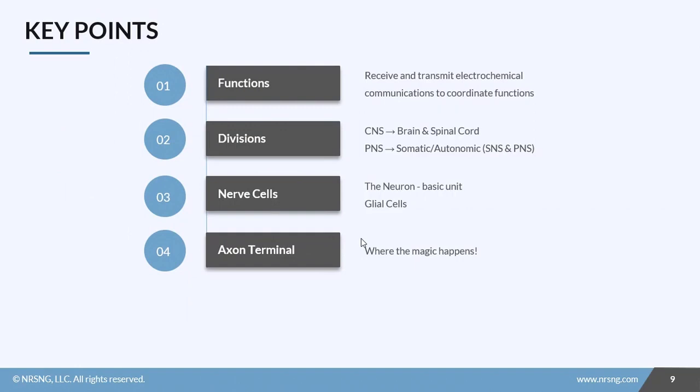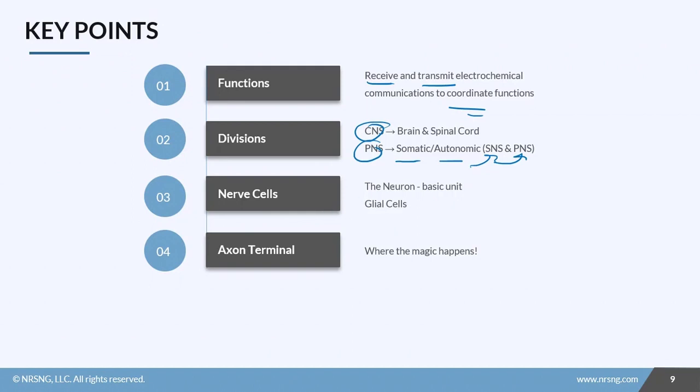So let's recap what we've learned about the nervous system. Its main function is to receive and transmit electrochemical communication signals throughout the body in order to coordinate and integrate body functions. It's divided into the central and peripheral nervous systems, which is further divided into the somatic and autonomic nervous system, which is divided one more time into the sympathetic and parasympathetic nervous systems.